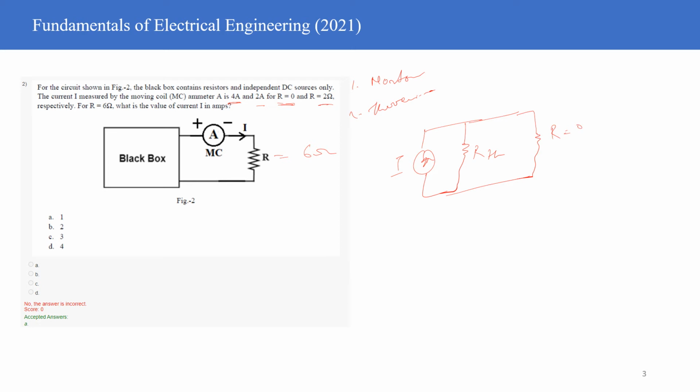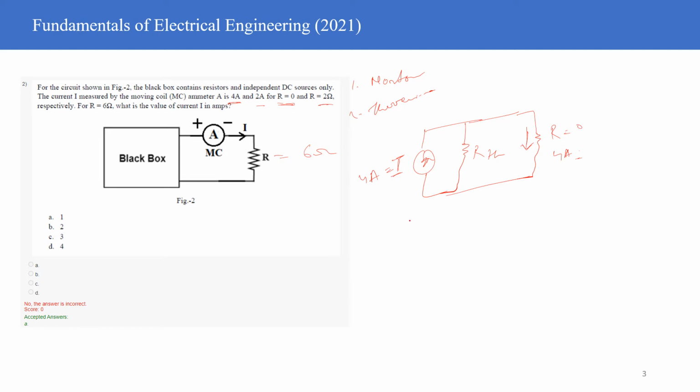If R is equal to 0, whatever the value of I, the same value will flow here, right? Because this will be the least resistance path. So if the current here is 4 amperes, as mentioned, that means that the current source value is equal to 4 ampere. Agreed, Sharad?